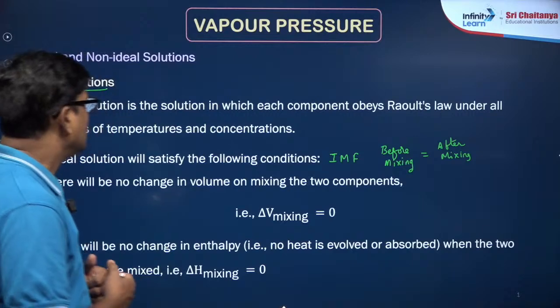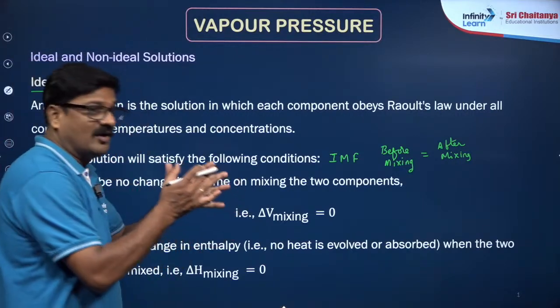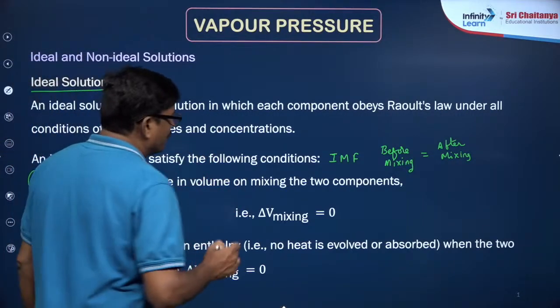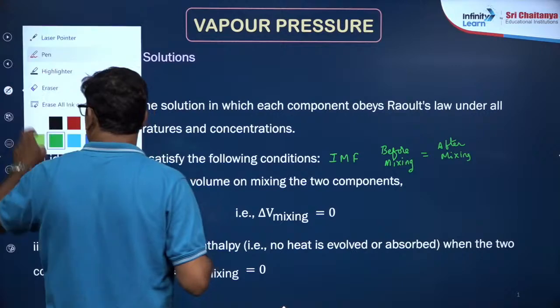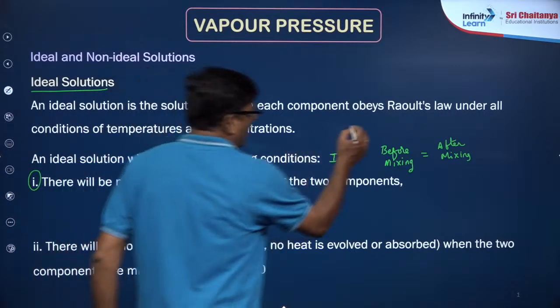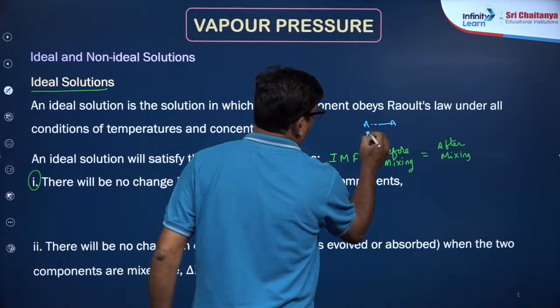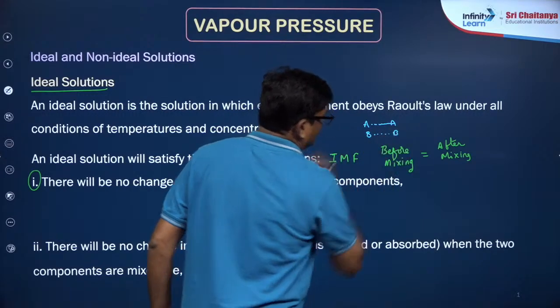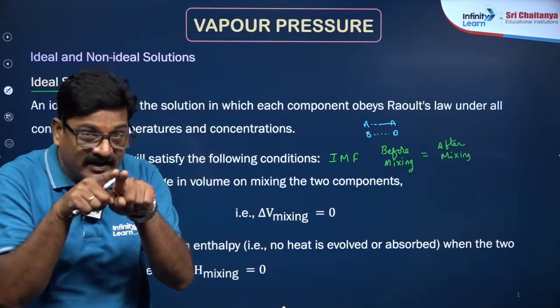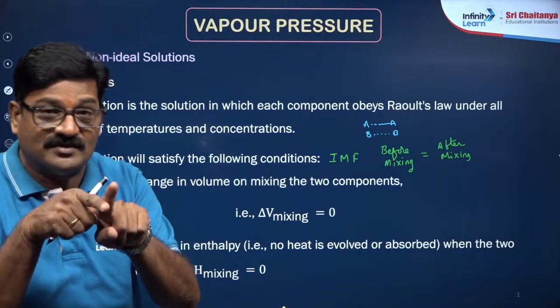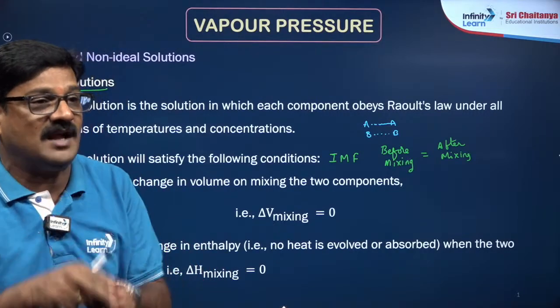I want to say, when A and B are mixed, before mixing there is an interaction between A and A, and B and B. Between A and A molecules there is an attraction, and between B and B there is an attraction.